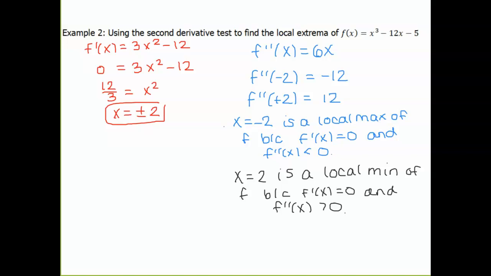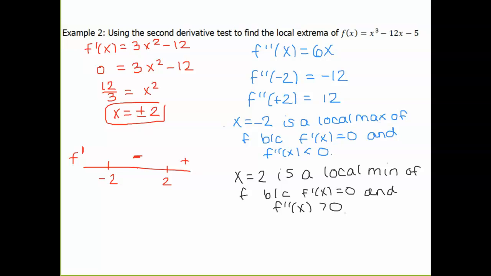And if you want to confirm that, you could make your sign chart of f prime. Put negative 2, positive 2. Plug in numbers above and below each of your critical points. So again, 0 is always the easiest. It's negative. Plug in something like 3. 3 squared is 9. 9 times 3 is 27. 27 minus 12 is positive. Plug in a negative.